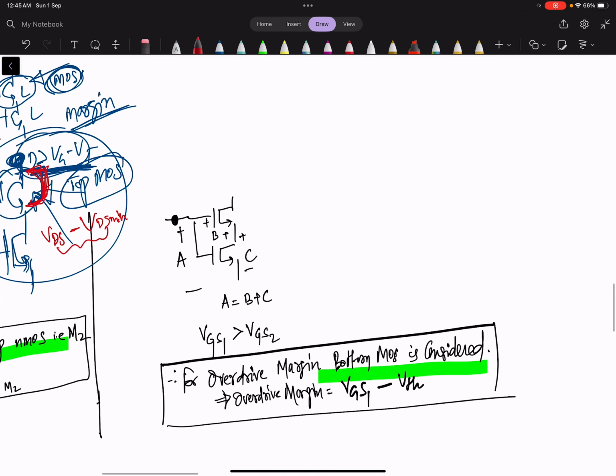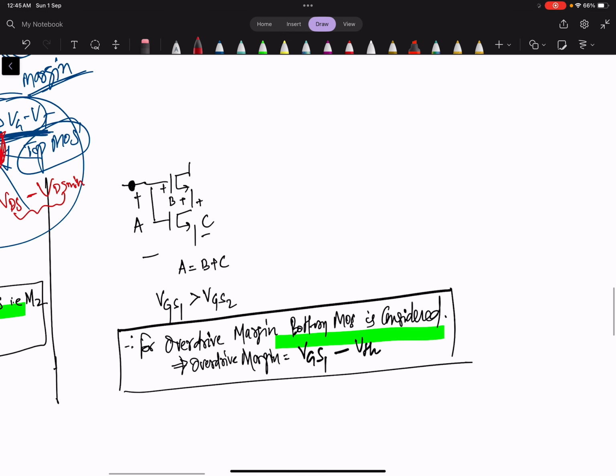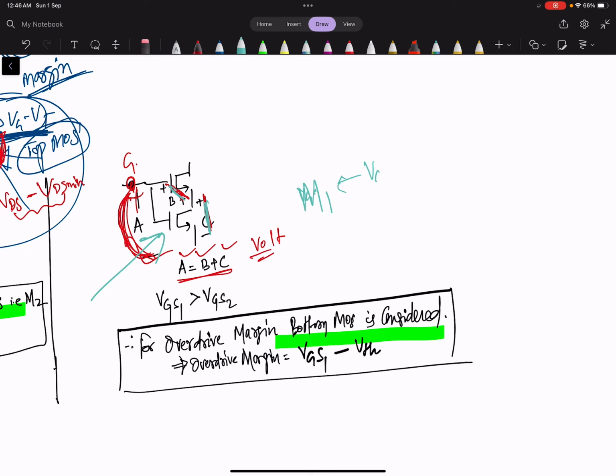It's very simple, I'll show you. Here, this is the gate and let's say this voltage VA is equal to VB plus VC. Okay, this total voltage is equal to this voltage plus this voltage.